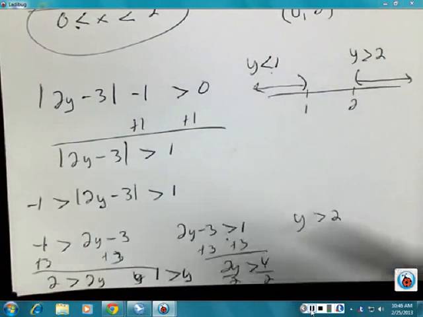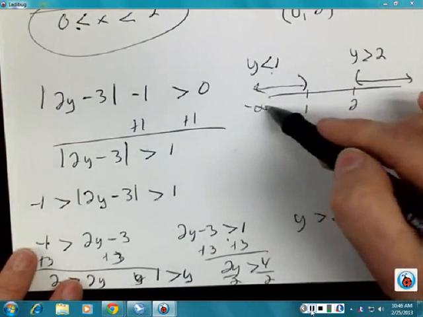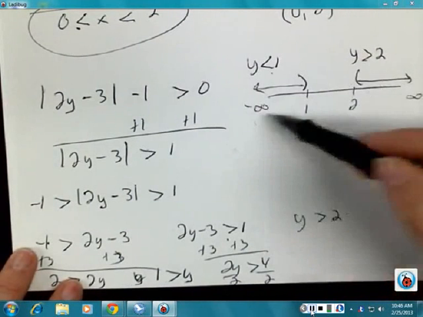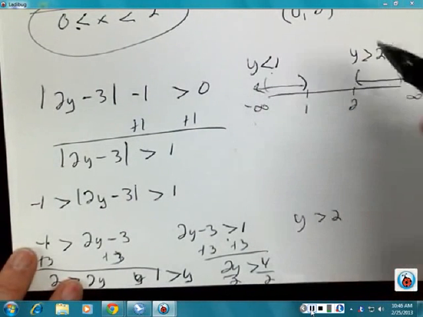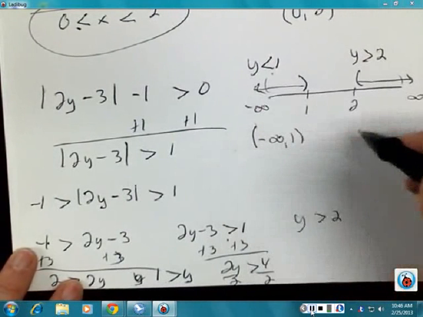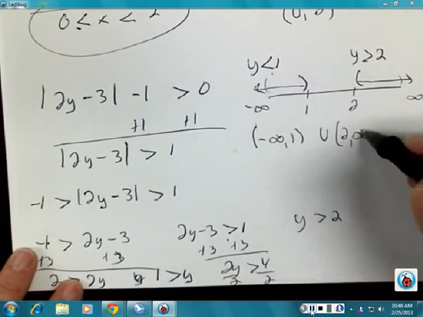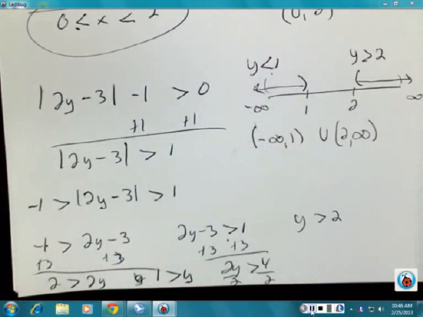Are they going to be parentheses on the end too? Yes, because remember, whenever we go to infinities, negative or positive, it's always a parenthesis. So parenthesis, negative infinity to 1, unioned with parenthesis 2 to infinity. So some of them are going to go the opposite way with those.